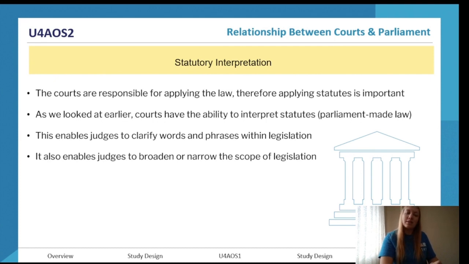So courts, as we discussed, can interpret Parliament's law, being able to clarify words, phrases, legislation, and expand or limit the scope of legislation. So they can quite literally change the operation of Parliament's law, making it broader or more narrow, depending on the wording that Parliament has chosen.